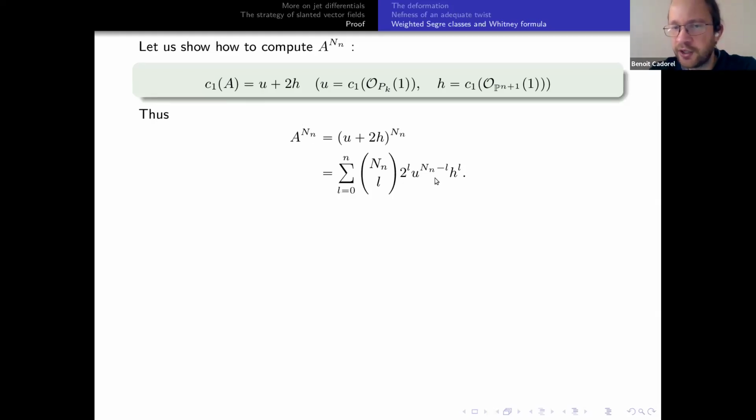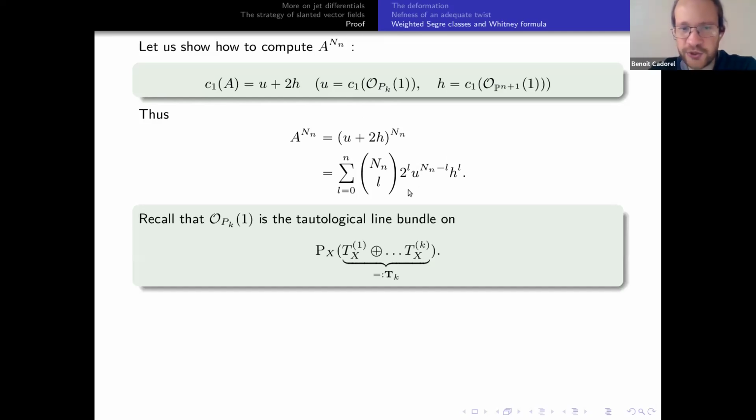It is a sum of some binomials in H and u. And such binomials you can actually interpret as Segre classes, because u actually is the first Chern class of the tautological line bundle on some projectivized bundle, a projectivized bundle of some weighted direct sum. So let me formally call this weighted direct sum T boldface k.